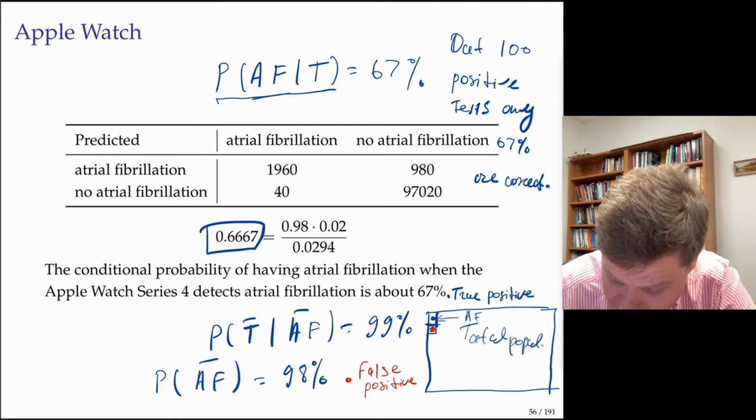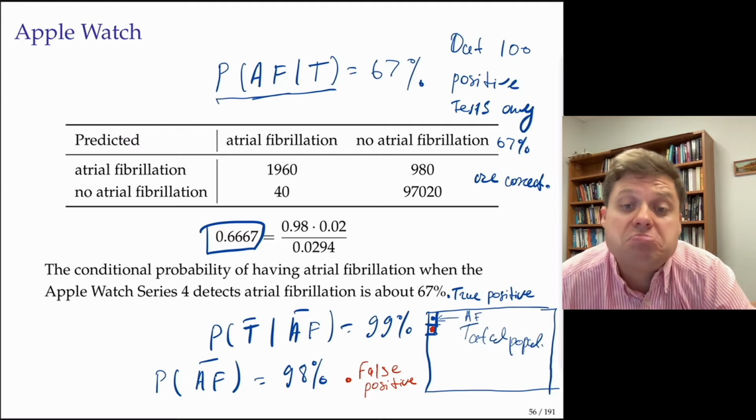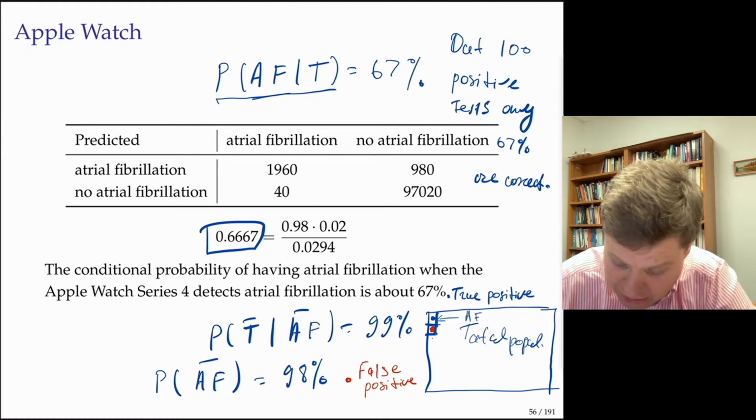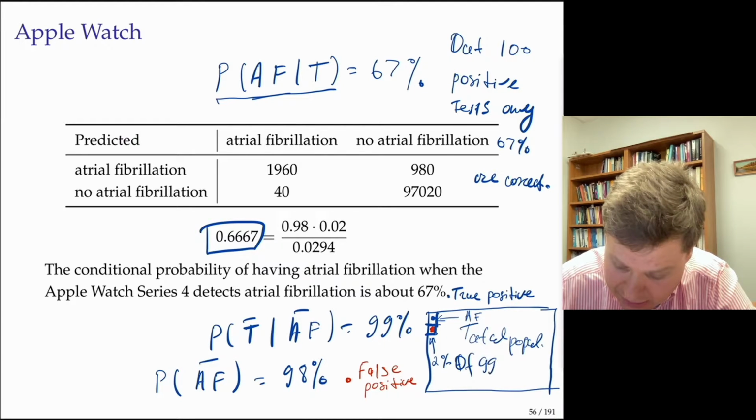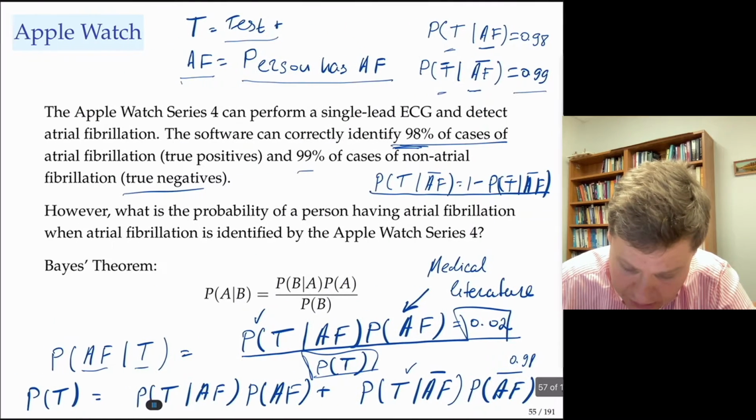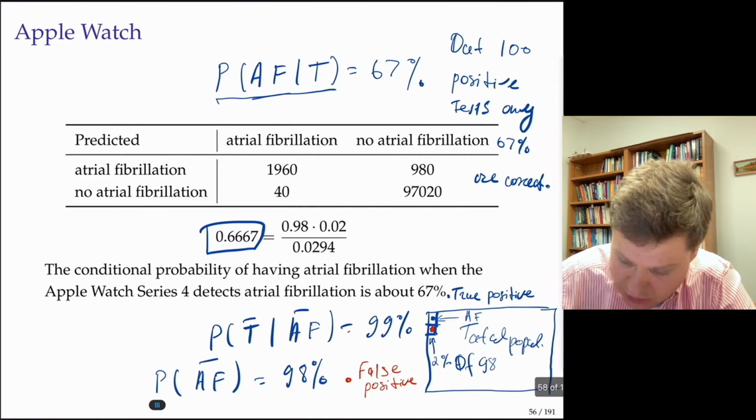So if you imagine another square that represents 1% of 98%. Oh, the true negatives were 99%, so it's actually 1%.